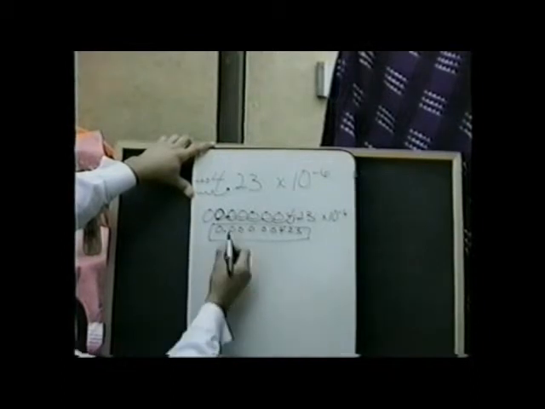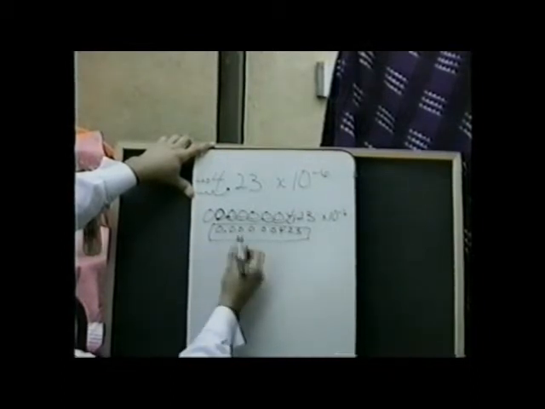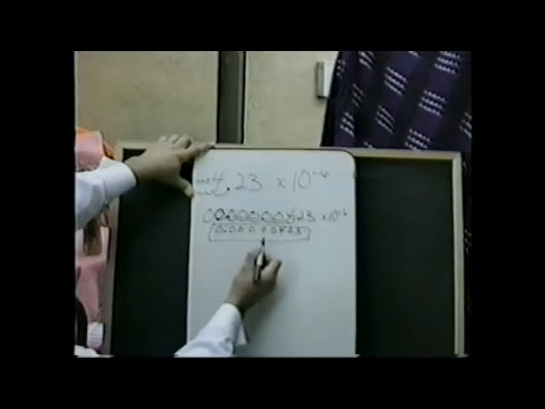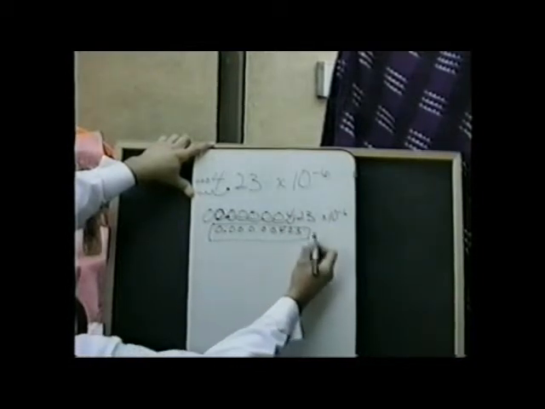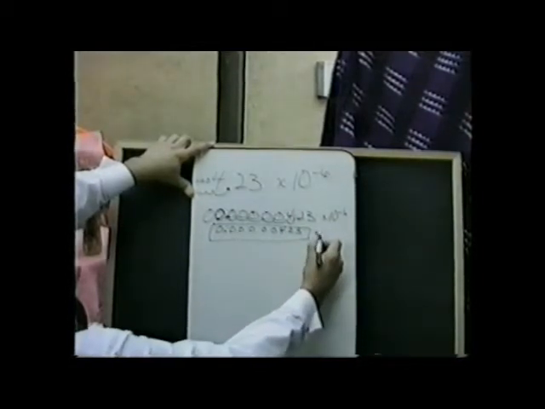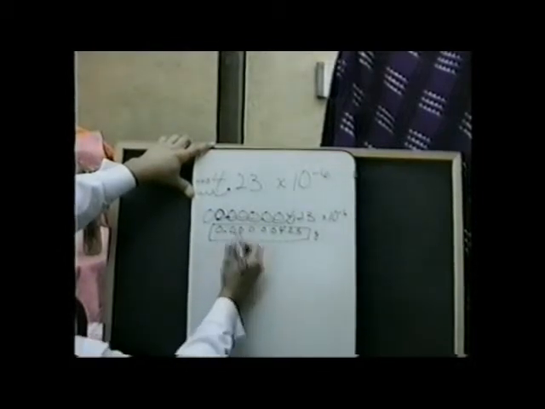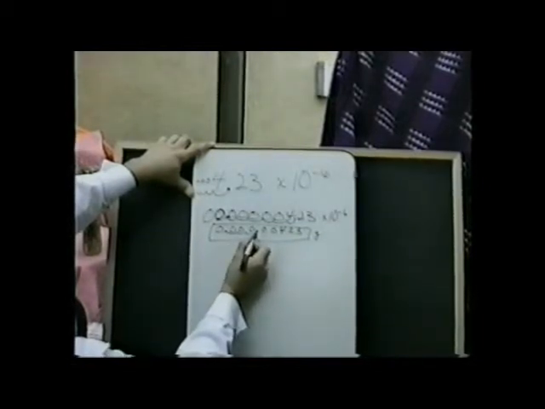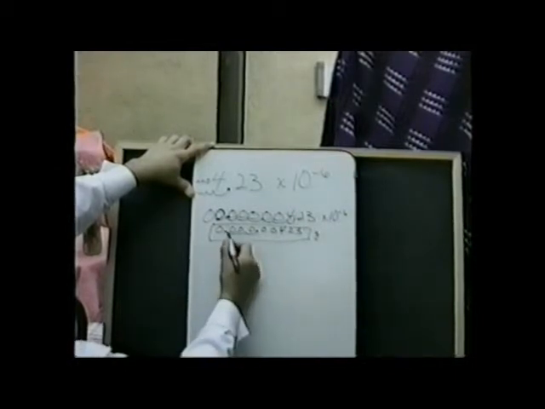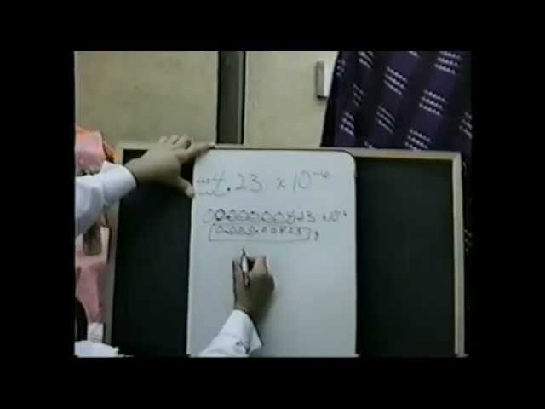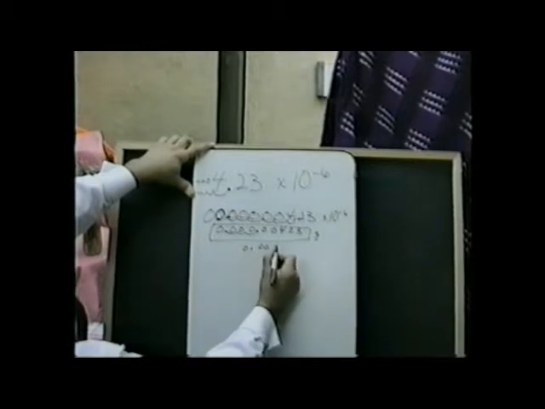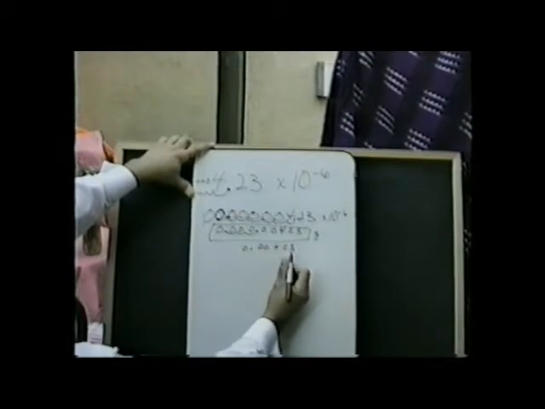The next thing we do in science is have representations. So say this is this number of grams. Well, if we move this decimal place to the negative side, 1, 2, 3 places, now instead of writing that all out, we would write 0.00423.